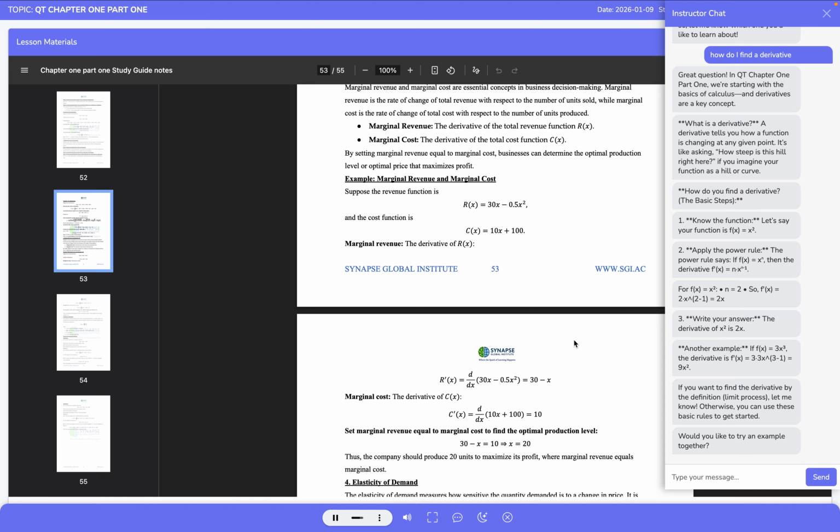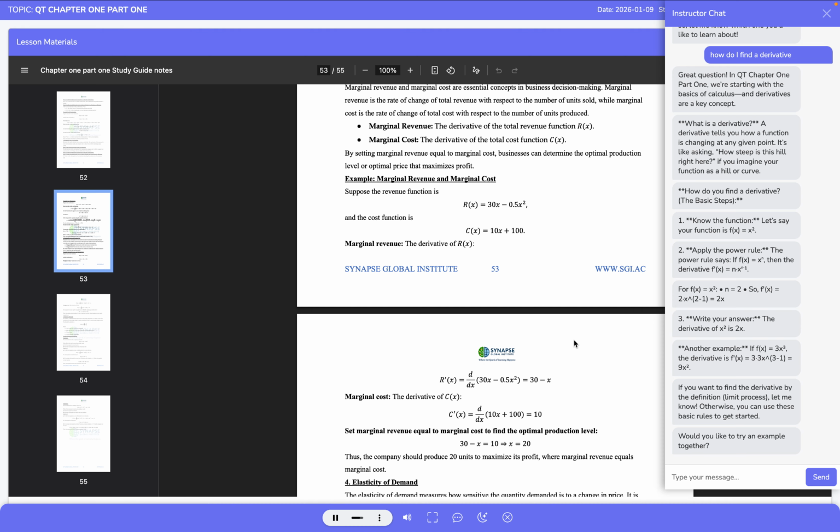Setting marginal revenue equal to marginal cost gives 30 minus x equals 10, which leads to x equals 20. This means the company should produce 20 units to maximize profit, because at this level the additional revenue from the last unit produced is exactly equal to the additional cost.